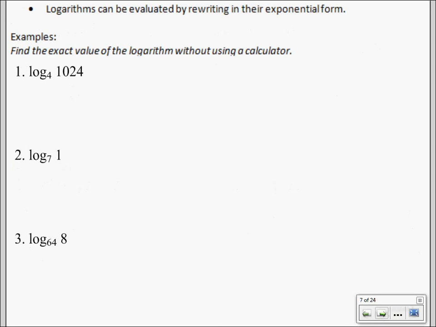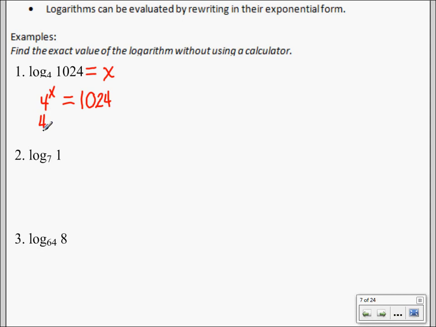Moving on, logarithms can be evaluated by rewriting in exponential form. For these examples, find the exact value of the logarithm without using a calculator. This is really easy to do. With our log, first take your log base of 4 of 1024, and set it equal to x. Now your base is 4 with the exponent of x equals 1024.